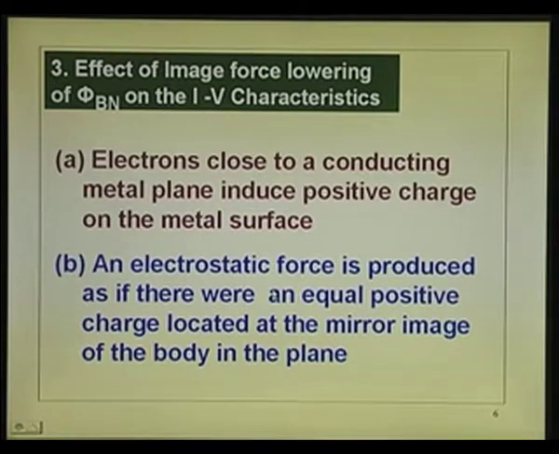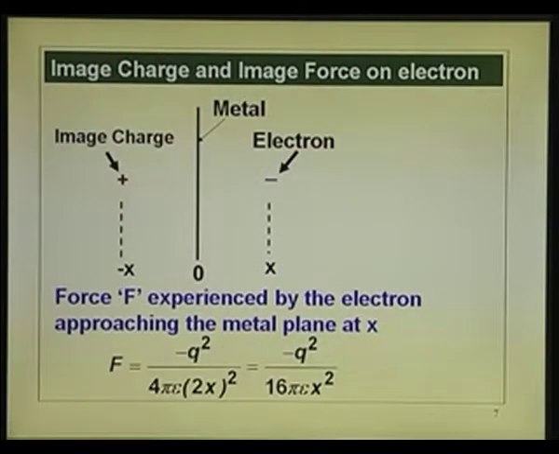It is due to the negative charge as it comes close to the metal, its mirror image is on the other side. So, the effect of the charges induced on this plane on this charge can be obtained by considering the image of this charge there. It is a simplification, it works out very well.